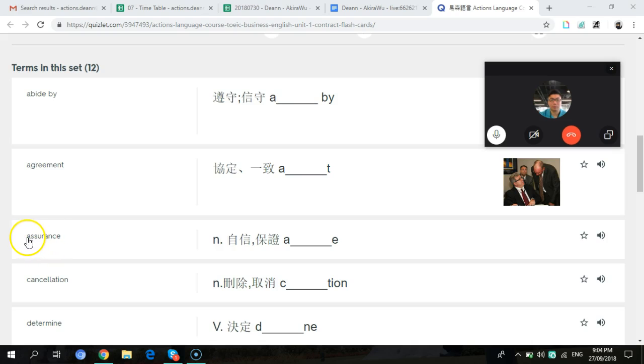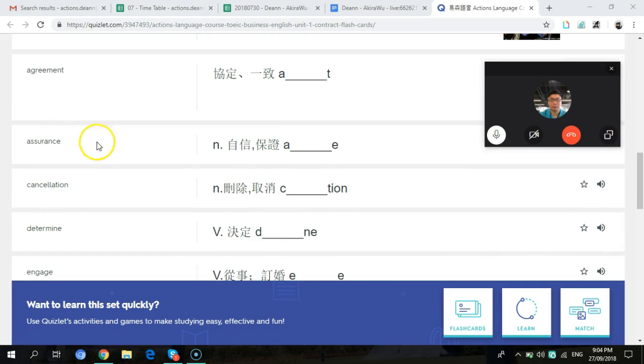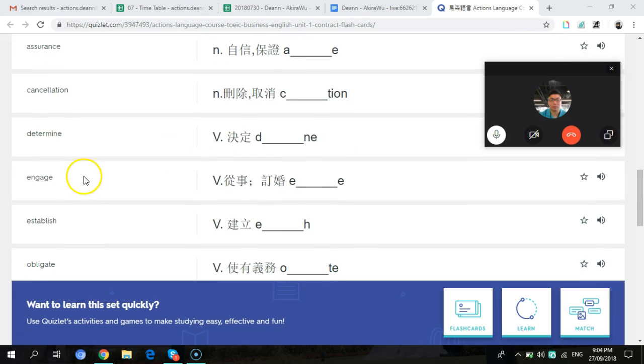We also have assurance, cancellation, determine. This would be the Chinese meaning.